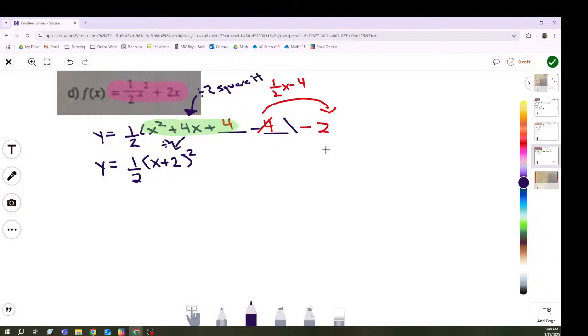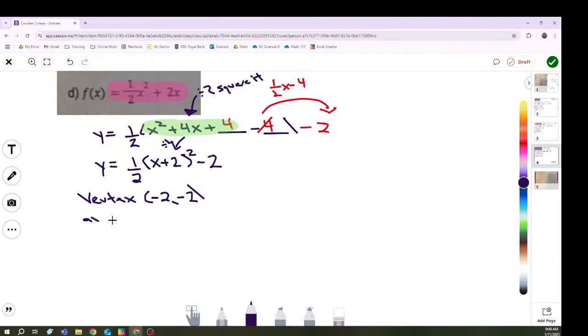So what's our vertex? Close. Remember, with the x, you have to reverse the sign, because it's what makes the bracket 0, essentially. So it would have been a -2, -2, yes. Okay, what's my axis of symmetry? Good.